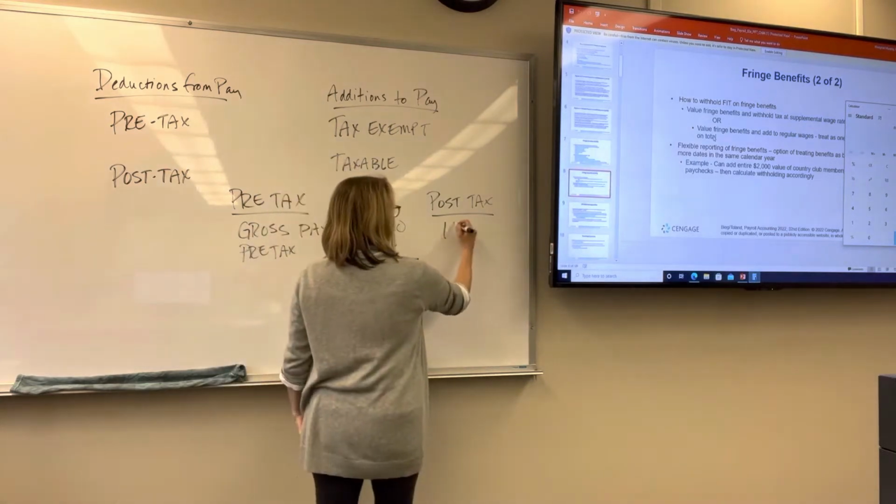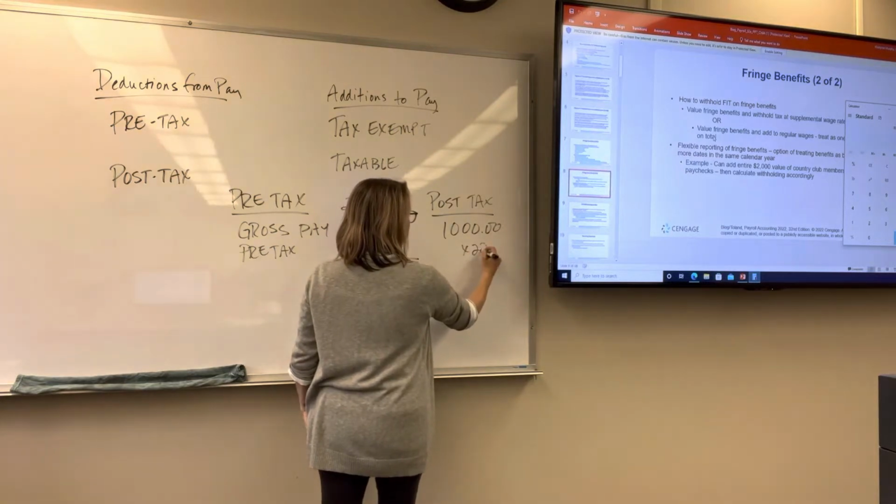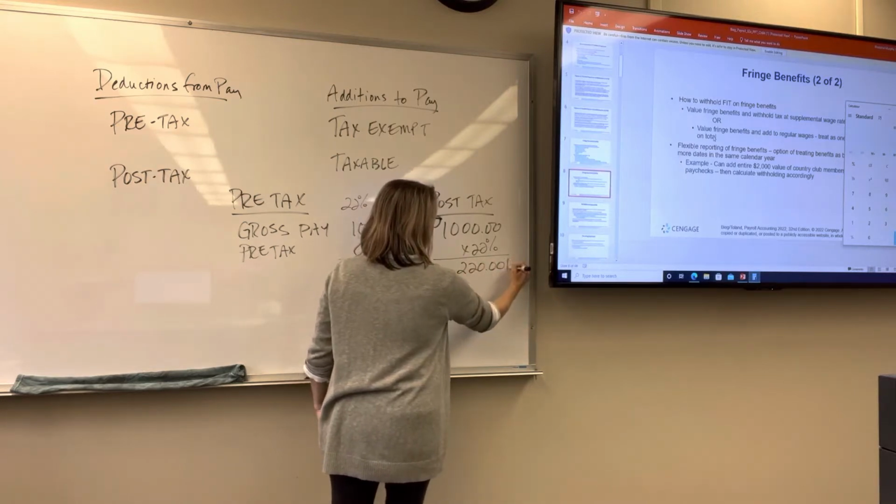So we'd have the $1,000 times 22%. So $220 of tax is what we're paying here.